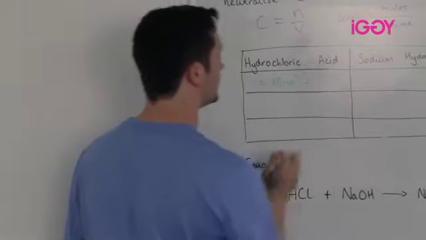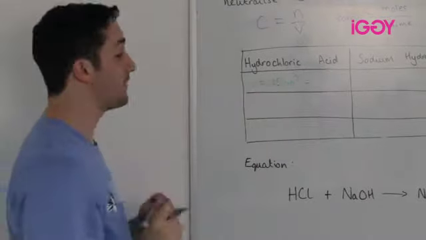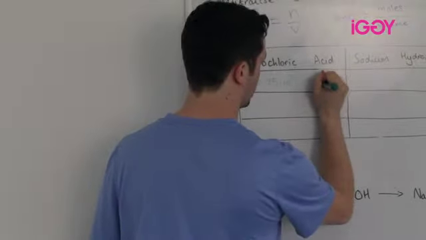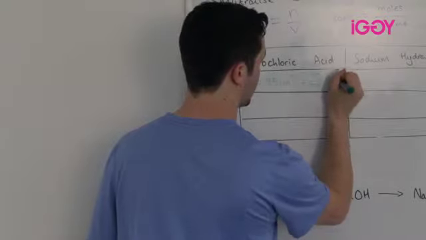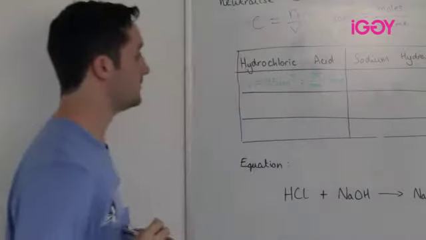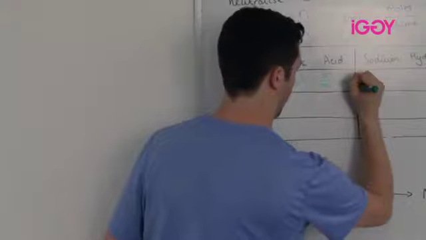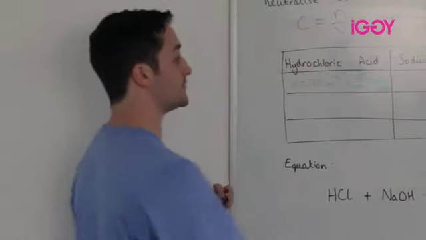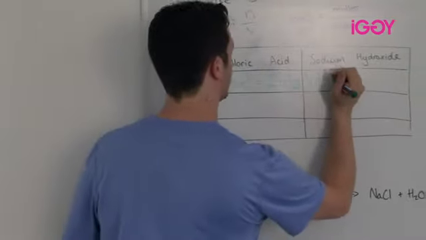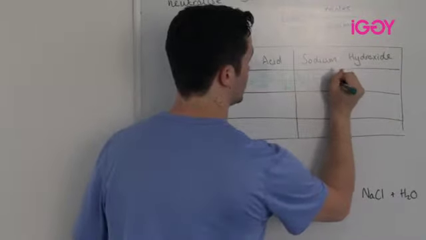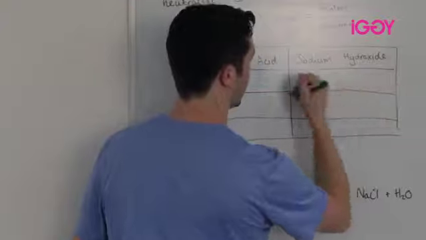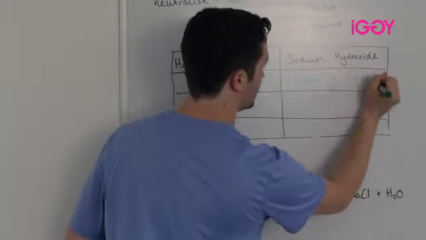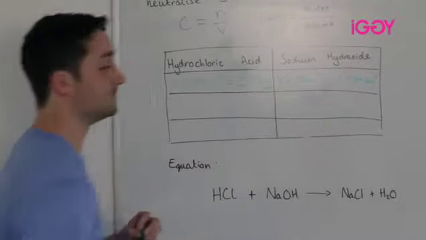So we need to divide this by 1000, which gives us 25 over 1000, which is 0.025 dm cubed. We have the same for sodium hydroxide: the volume is 30 centimetre cubed, which again we divide by 1000 to get 0.030 decimetre cubed.